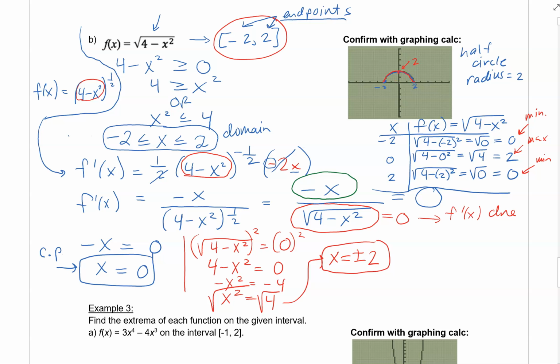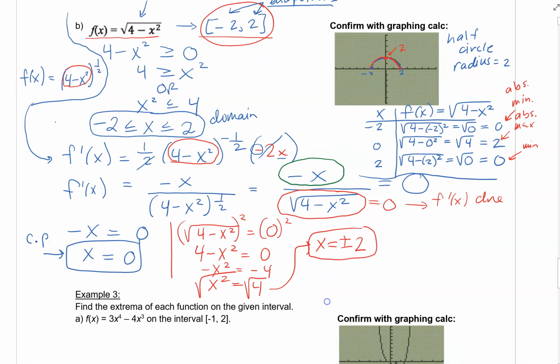So notice this function is continuous, right? And it is on a closed interval, so it met both of the conditions for the extreme value theorem. So it was guaranteed to have both an absolute min and an absolute max, and it has both. So maybe I'll put the final answer down here. We'll say it has an absolute minimum of 0, right?